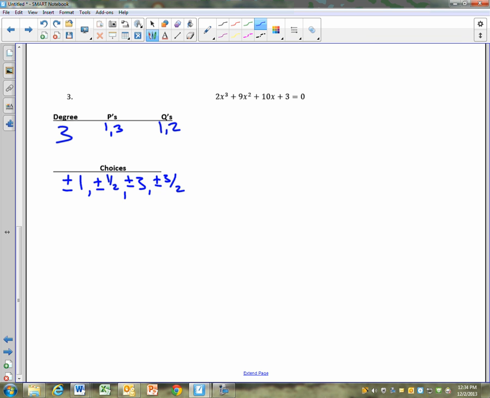Now here's the important part. 2x to the third plus 9x squared plus 10x plus 3. Everything's positive, right? What's a bad idea? What's a bad choice to try to plug something in? A negative is actually a very good choice. A bad choice would be to plug in a positive.